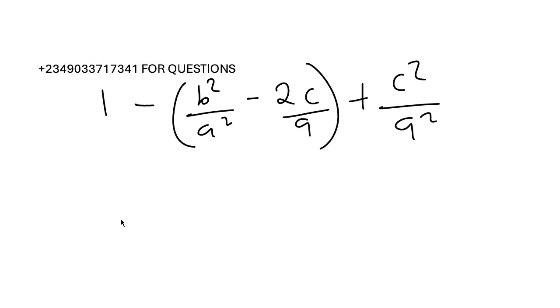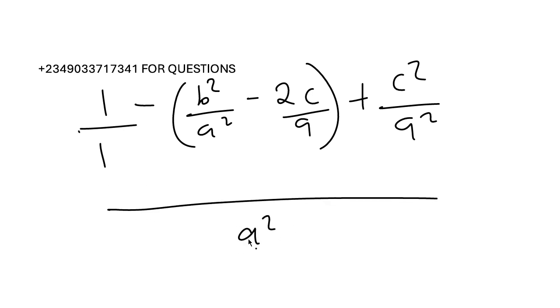With this now, you can then get the LCM, which is a squared. a squared divided by 1 is a squared times 1. That's a squared minus, put a bracket, a squared divided by a squared is 1, right? And then times b squared, that's b squared.